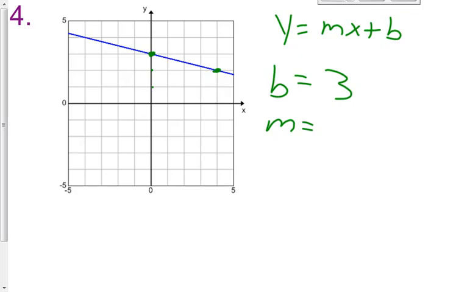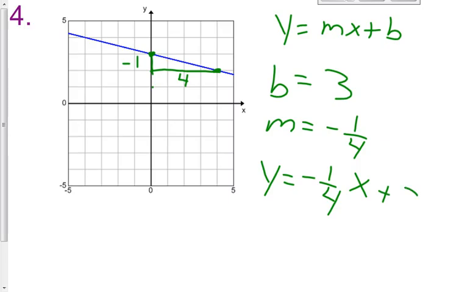It goes down 1. It goes right 1, 2, 3, 4. Your slope is a negative 1/4. With this, you simply put it into y equals mx plus b form. Y equals your slope of negative 1/4 x plus your b, which is a positive 3.